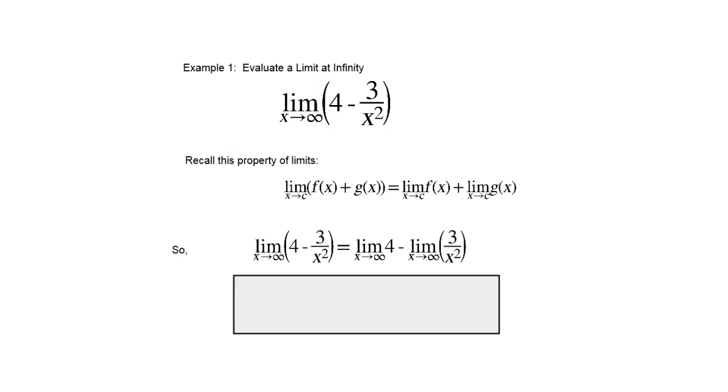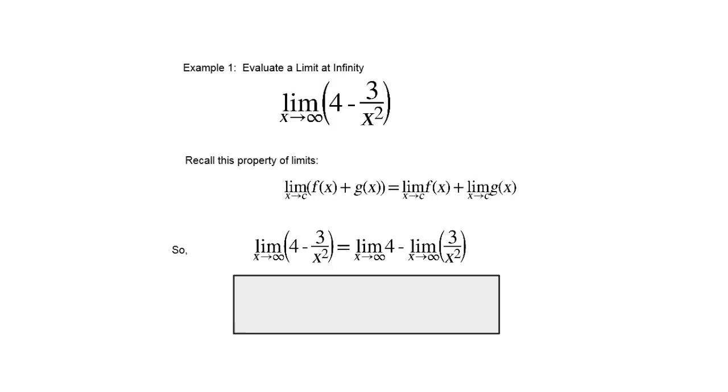the limit as x approaches infinity of 3 over x squared. Well, think about this. As x approaches infinity, what happens to this function? Well, as x approaches infinity, the denominator gets bigger and bigger and bigger while the numerator stays the same. Matter of fact, as x approaches infinity, x squared becomes infinitely large.